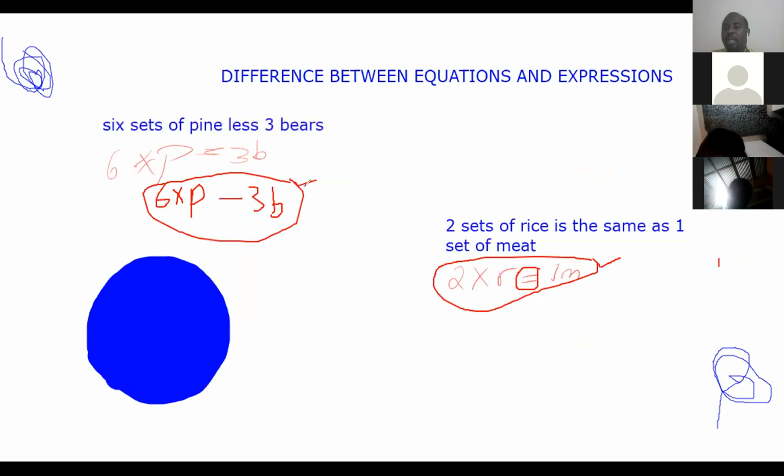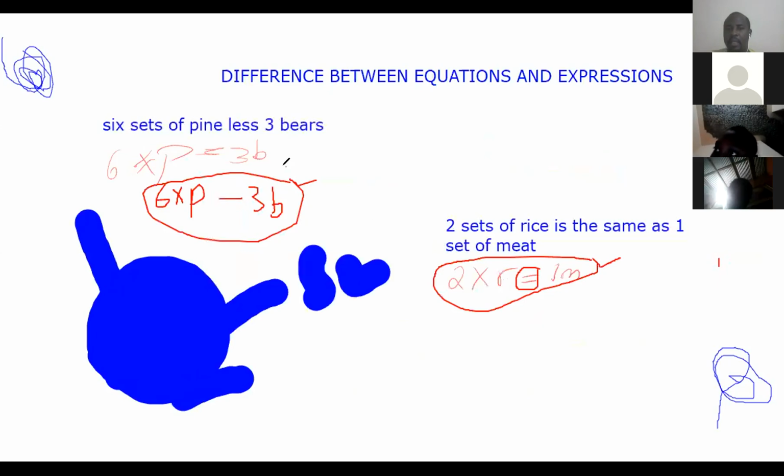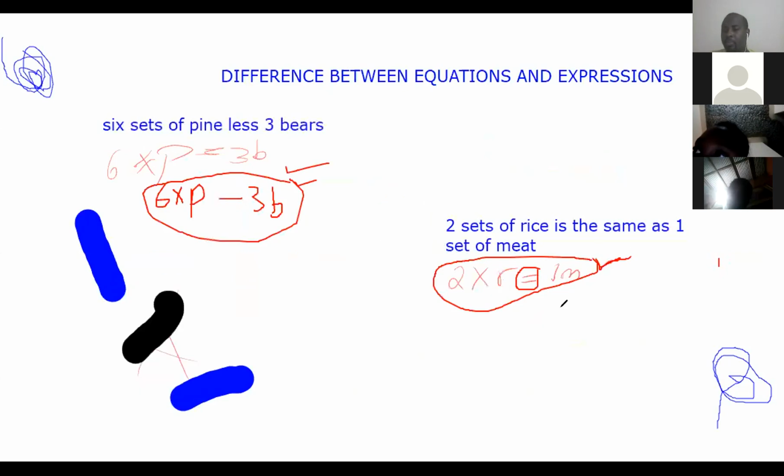All right, so this is the takeaway here. Once there's no equality, once there's nothing on two sides of an equal sign, it is not called an equation. It's called an expression, all right? So this one up here is an expression. And this one down here is called an equation, okay?